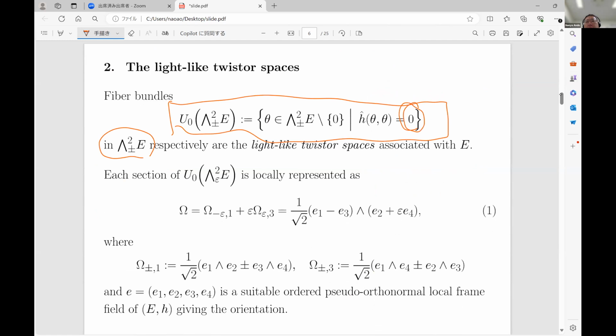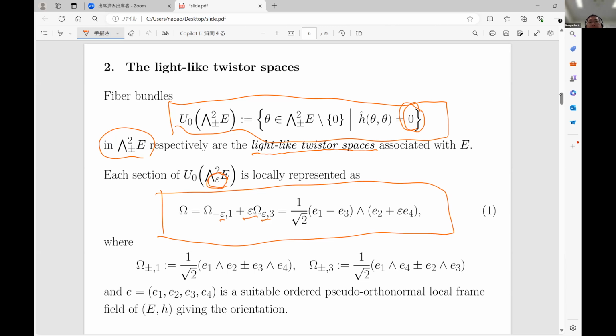Notice that this is 0. These fiber bundles are the light-like twistor spaces associated with E. Each section of a light-like twistor space is locally represented like this.